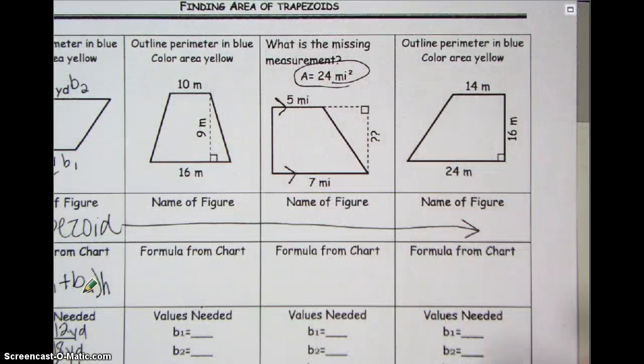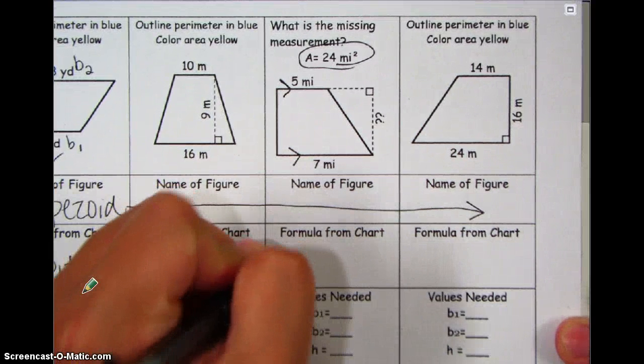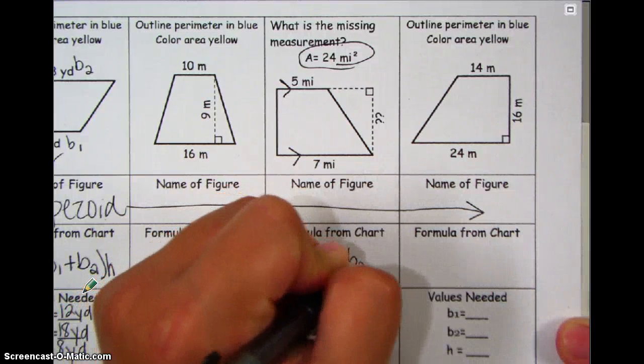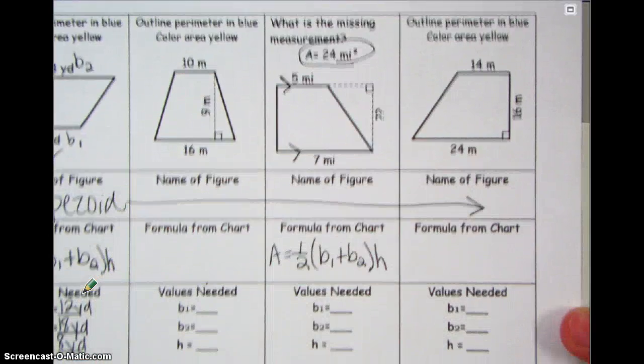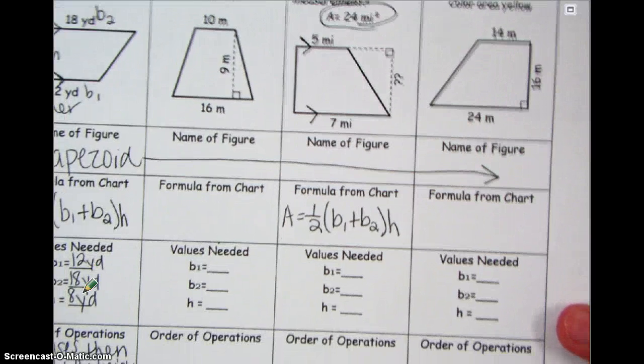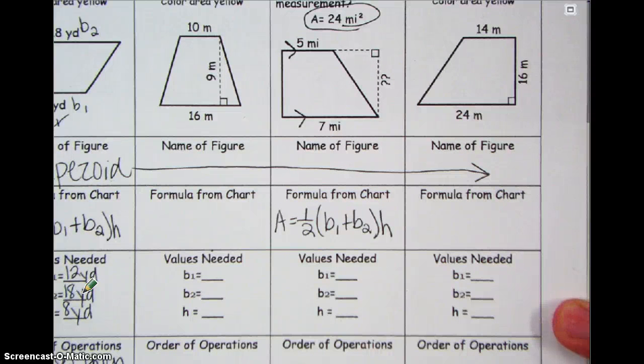And remember, if you know which 2 sides are parallel to each other, then you know which bases to use, or what to use as your base. So our formula again was area equals half of base 1 plus base 2 times my height. Now what do we want to call base 1, Aiden?